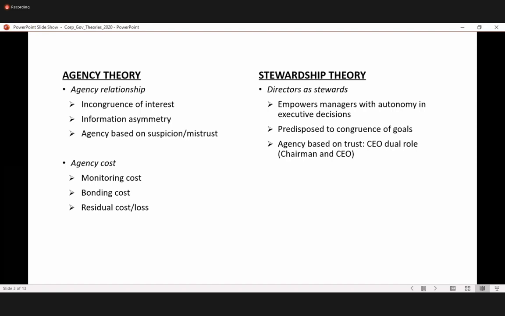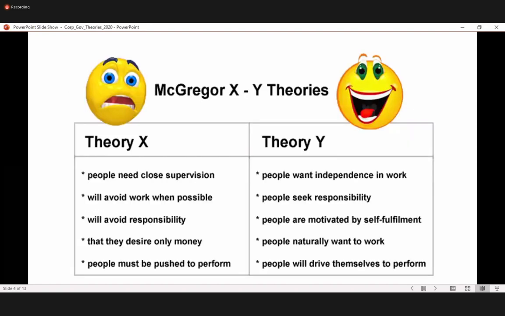So these theories can also be traced from Douglas McGregor's X and Y theory that has to do with work motivation and management theories, explaining how workers are motivated, or how to handle or manage people in the workplace.